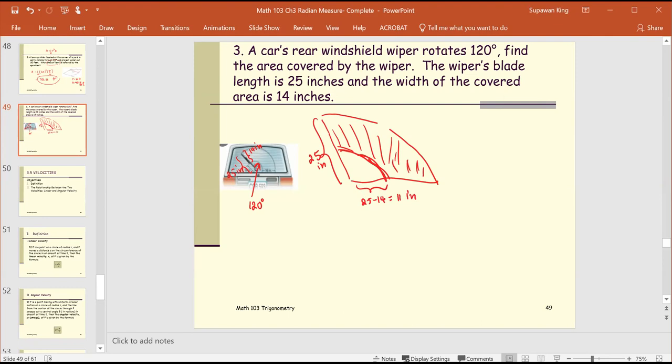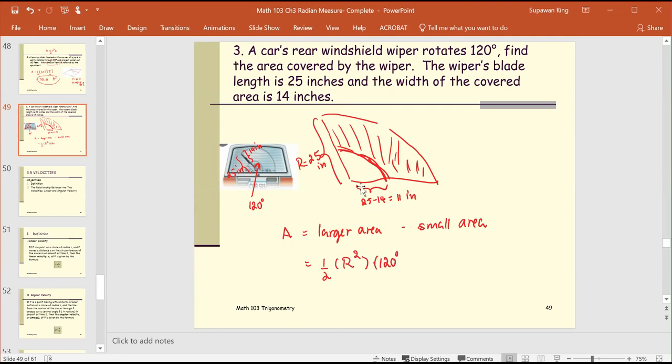So we find the area covered by the wiper by finding two different areas: the larger area minus the smaller area. The larger area is 1/2 times R squared, using the capital R as the radius of the larger area, times an angle, which is 120 degrees.